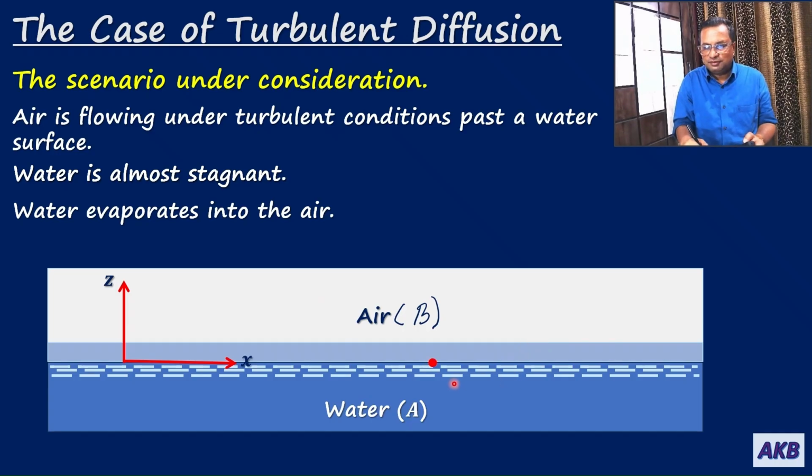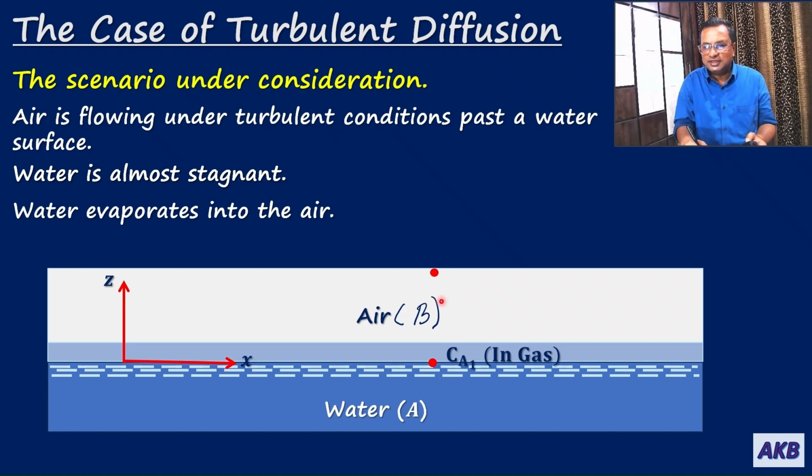Then for our discussion, we are going to consider one point, that is on the surface of water. Let the concentration at this point be Ca1. Concentration of water vapor at this point in the gas phase. So this point is in the gas phase, but it is at the boundary between air and water.